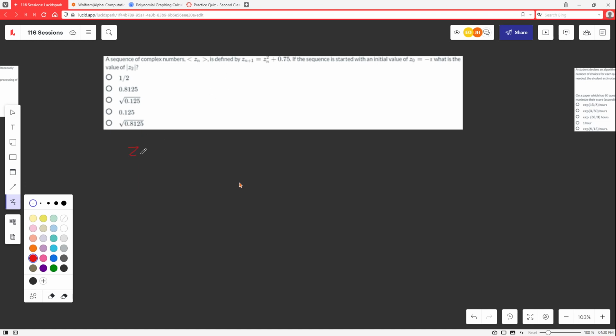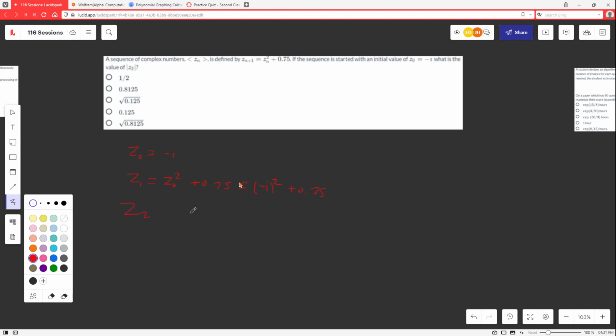So z0 equals negative i. So z1, therefore, is equal to z0 squared plus 0.75. And that equals negative i squared plus 0.75.